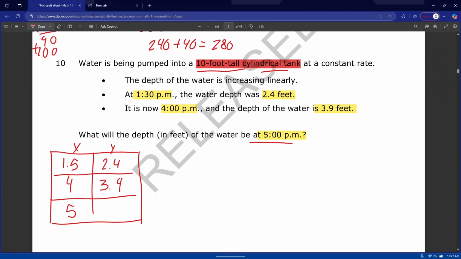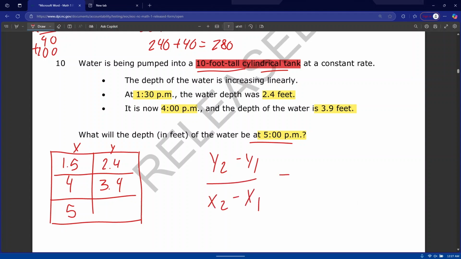Okay, we have 2 coordinate points that we can use to solve for a slope. And if you don't remember the slope formula, it is y2 minus y1 over x2 minus x1.